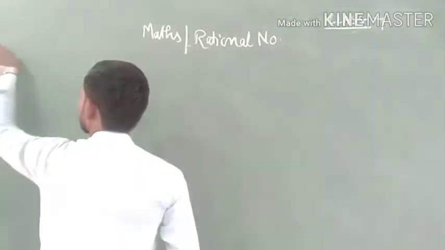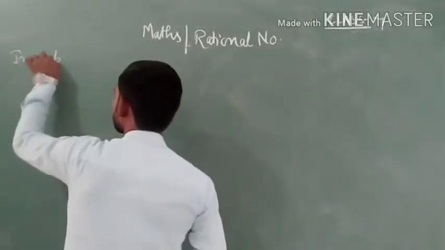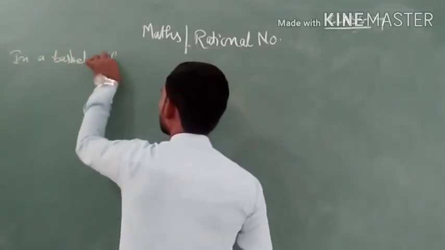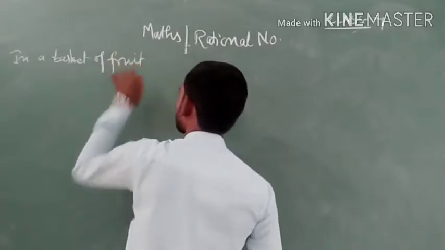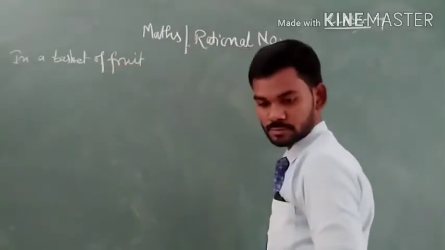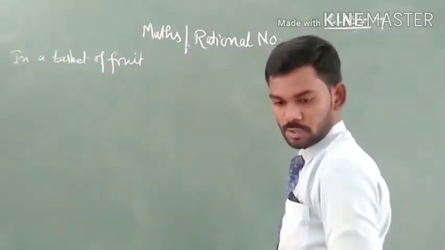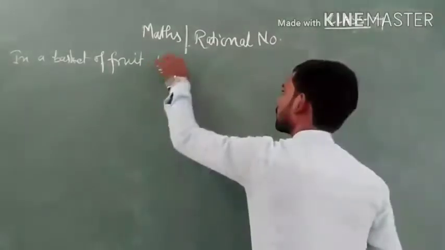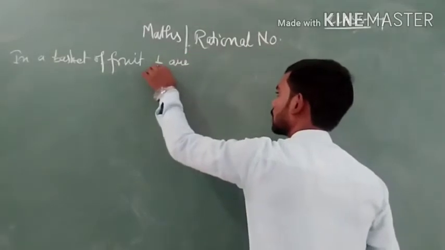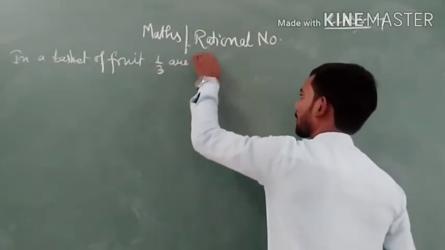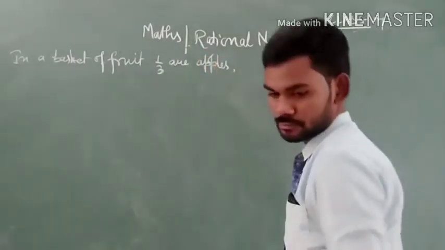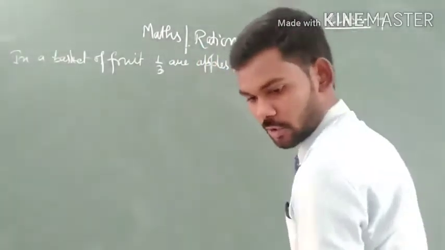In a basket of fruit, one third are apples. One fourth are oranges.